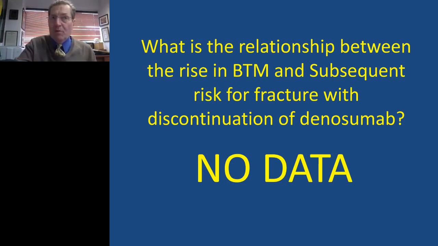But I want to put in perspective the fact that the bone turnover being high as a reflection of an increased fracture risk in untreated people might be entirely different than changes in bone turnover markers in treated people, because there's a lot more to bone strength than bone density or bone turnover.